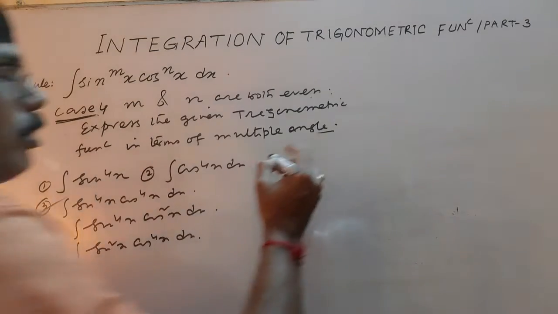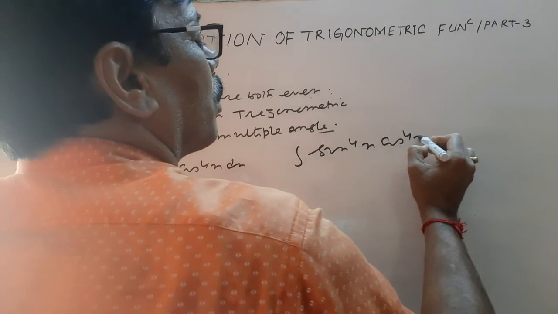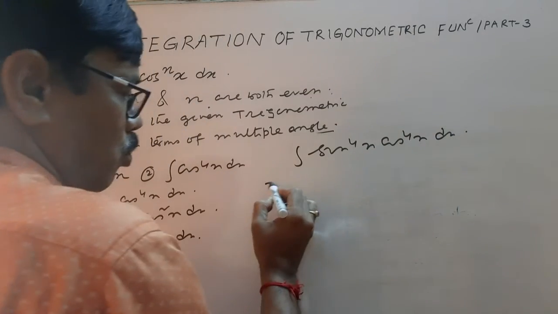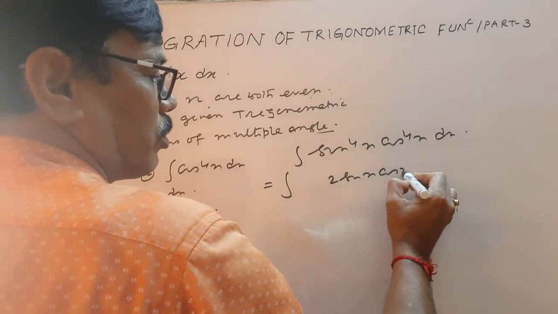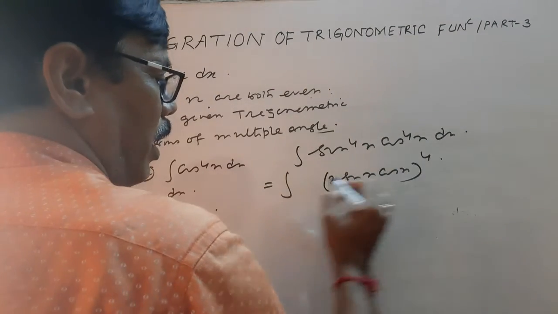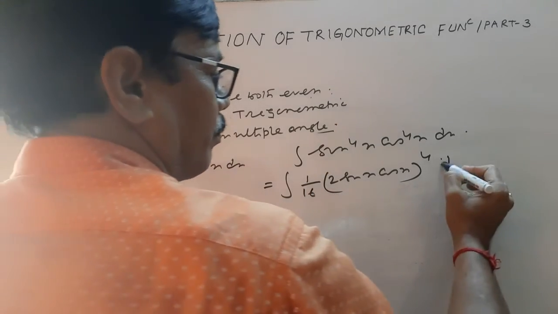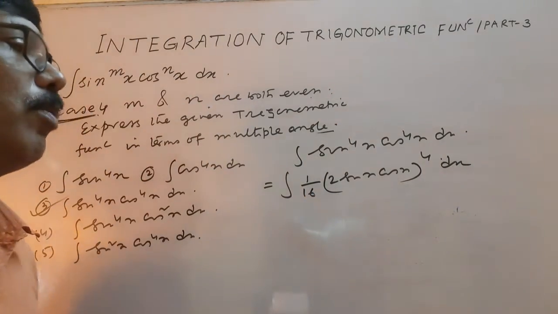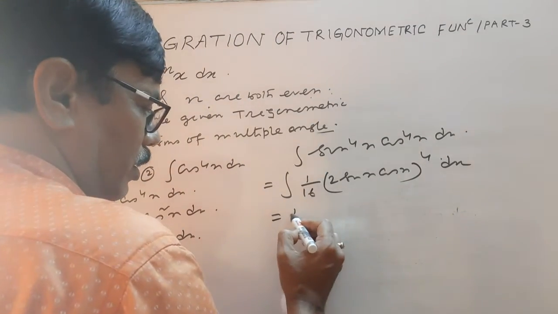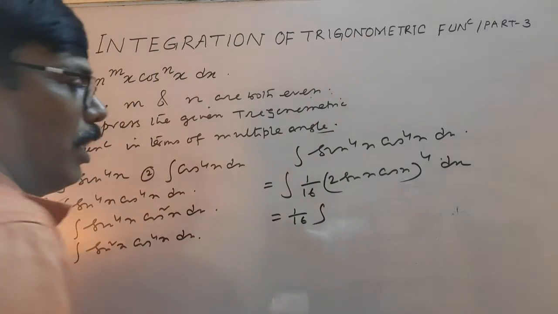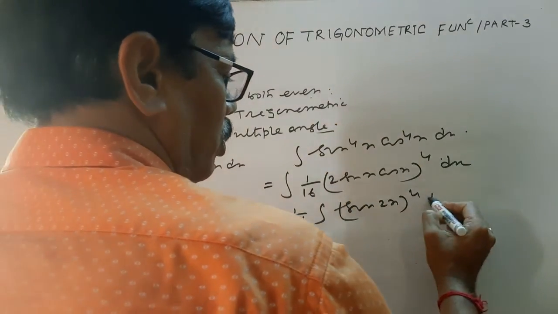Suppose problem number 3. Sin to the power 4x, cos to the power 4x. No transformation. So 2 sin x cos x whole to the power 4, and it is balanced by 1 by 16. You have to express it in terms of trigonometric function, multiple angle, sin 2x to the power 4 dx.